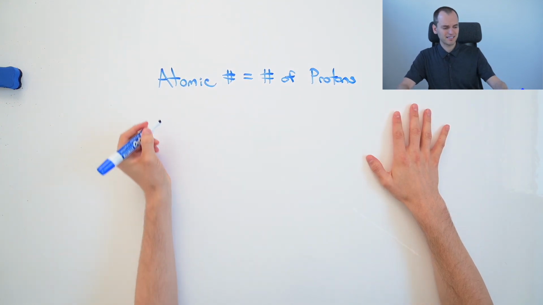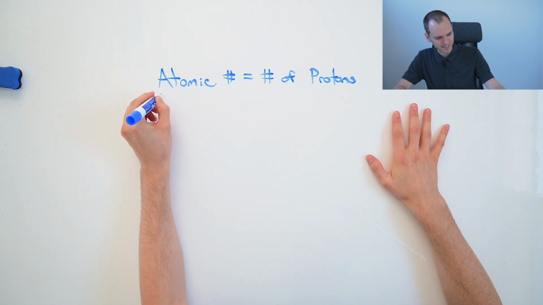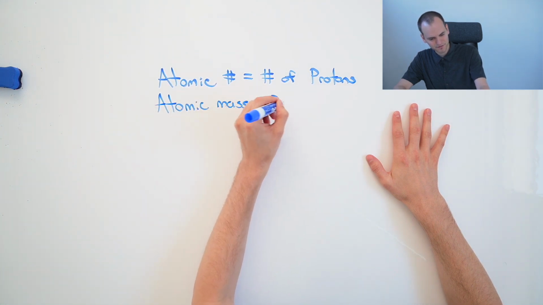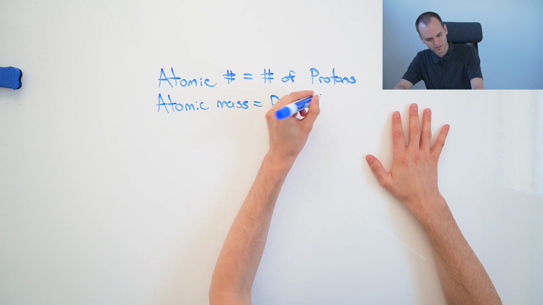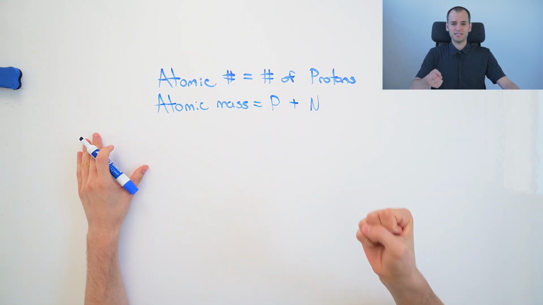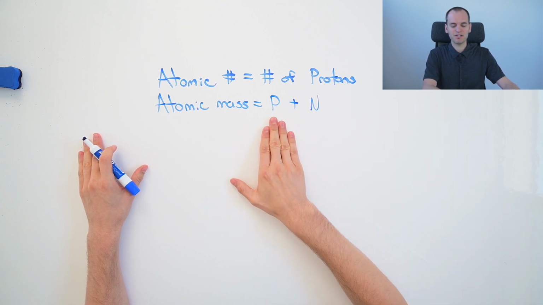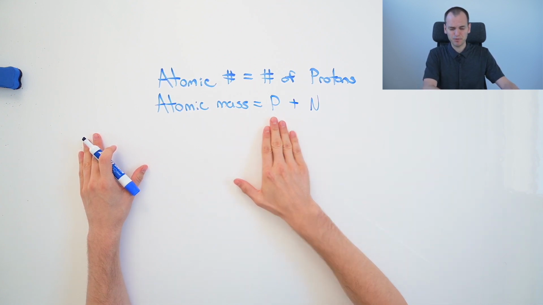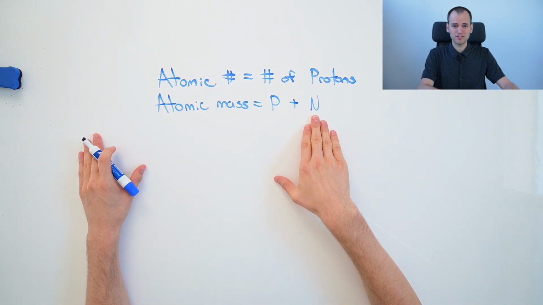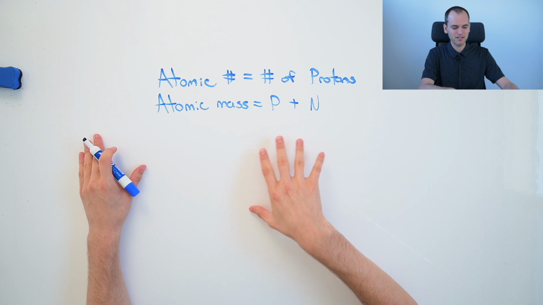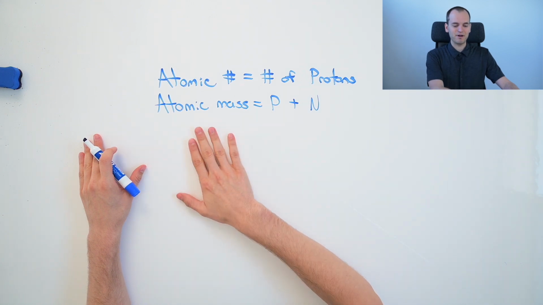Then the next thing we need to know is that the atomic mass is composed of protons plus neutrons. This is basically the nucleus of the atom. So if I have the mass of the protons, and this is in AMU, and the mass of the neutrons, also in AMU, as we've covered in the first section of this video, we add them up and you'll get the atomic mass.